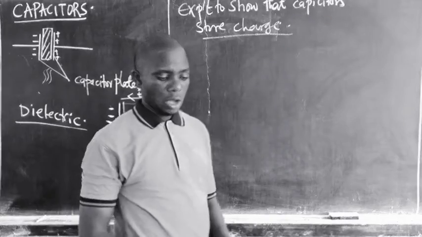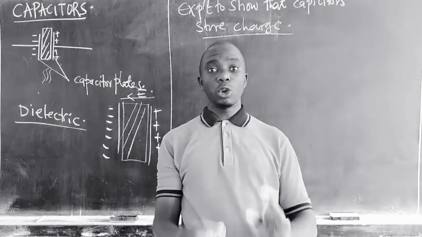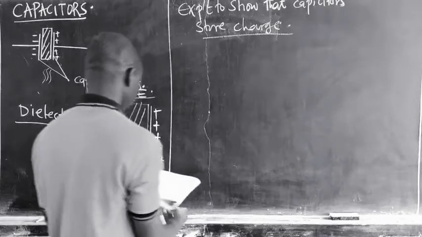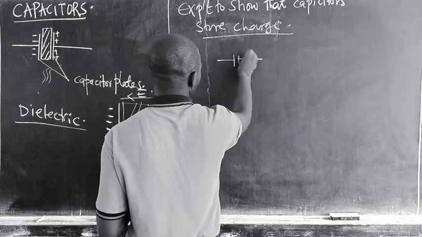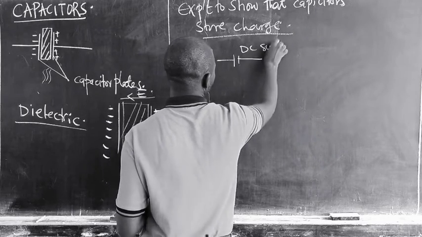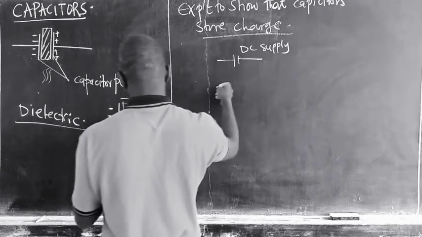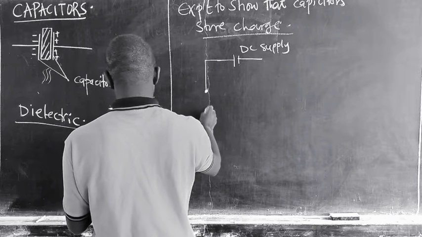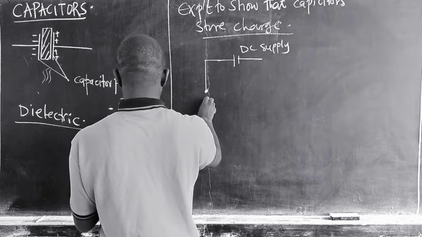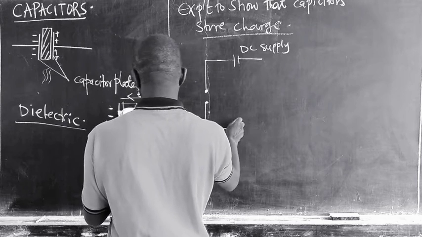So how do we do that? We are going to have such a circuit. This is a DC supply. Then we are going to have some kind of double switch here.